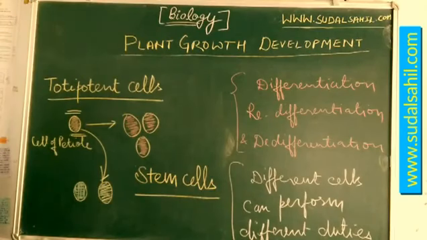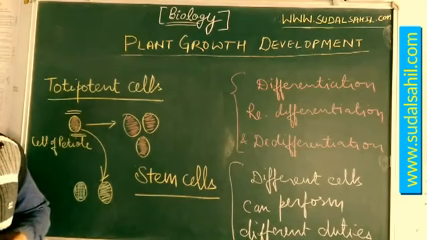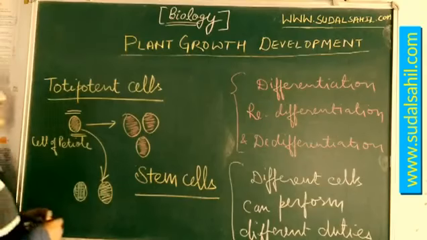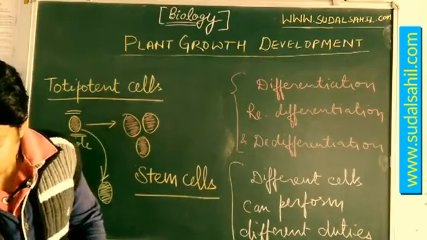These are cryopreserved, which means at liquid nitrogen temperature we preserve the placenta, which has stem cells. Stem cells are totipotent cells. In plants we usually term them totipotent cells, and in animals we call them stem cells.